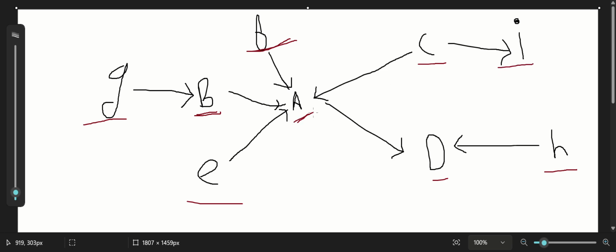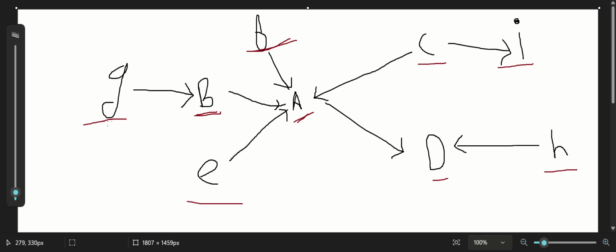Then we also maintain the degree of each node, which says how many nodes are connecting directly to that node. So in this degree array we will maintain this type of information. Fine.